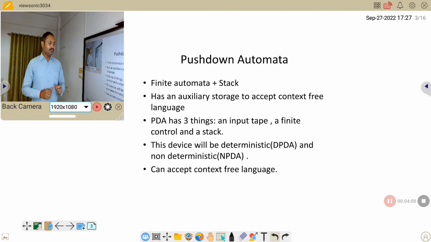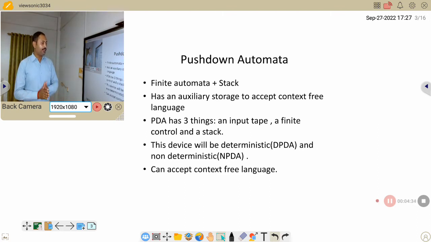Finite control is used to accept an input symbol and go from the current state to the next state. Here the number of states is finite. And obviously there is a stack associated with pushdown automata, and it will store all the scanned input symbols.